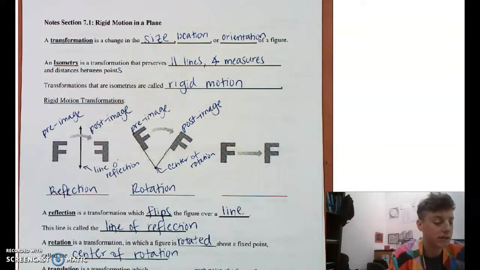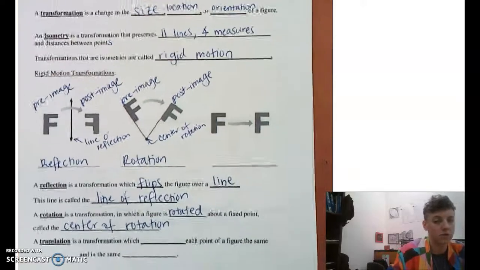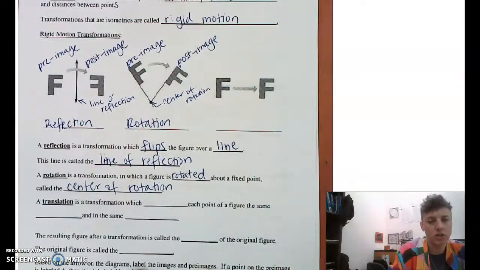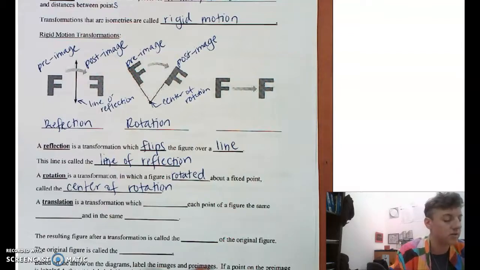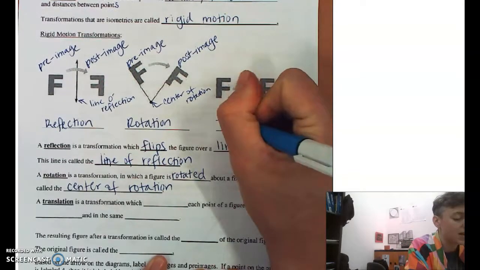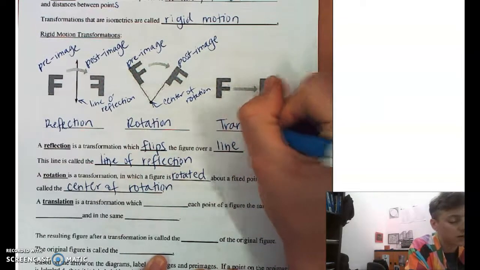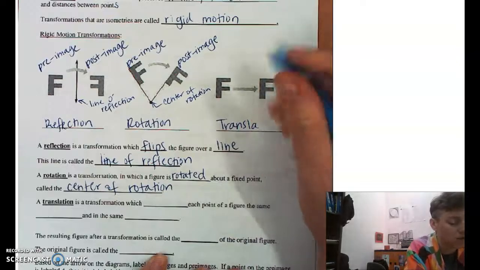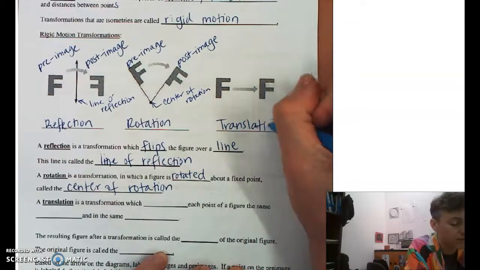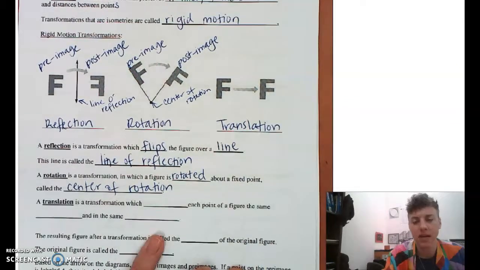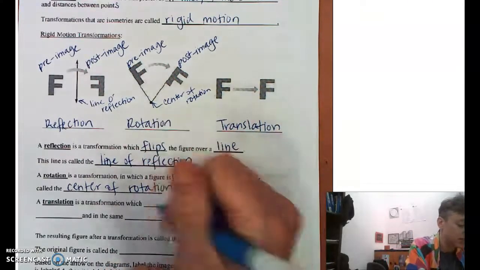There's three pictures here. The third one, we have reflection, rotation, and if you're reading ahead, you know this one's called the translation. Trans meaning across. A translation is a transformation which slides each point of a figure.